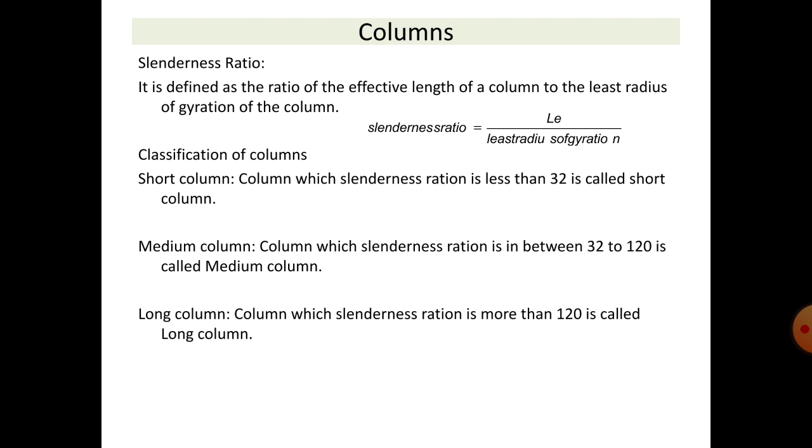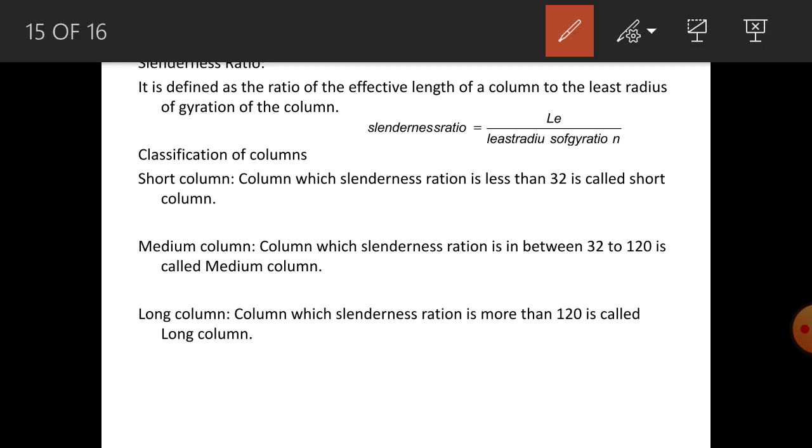The first type is the short column. If the slenderness ratio is less than 32, then the column will be called a short column.